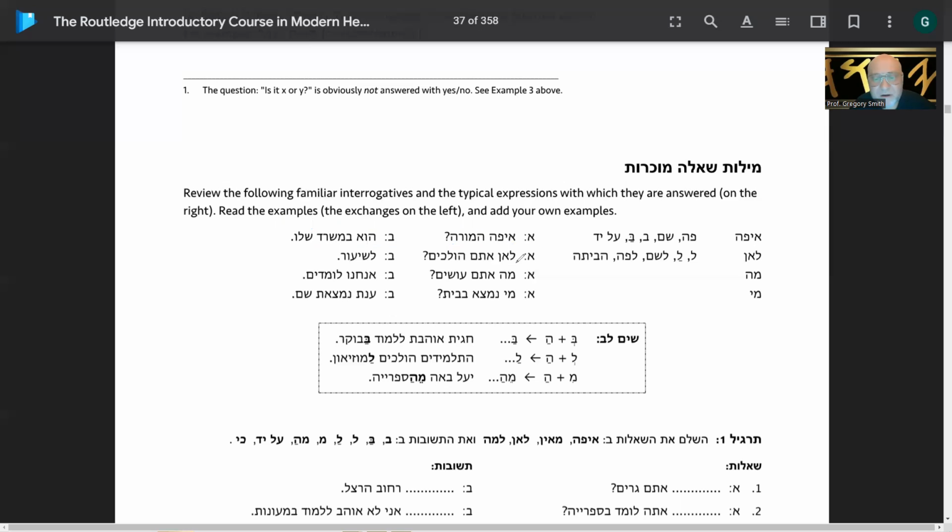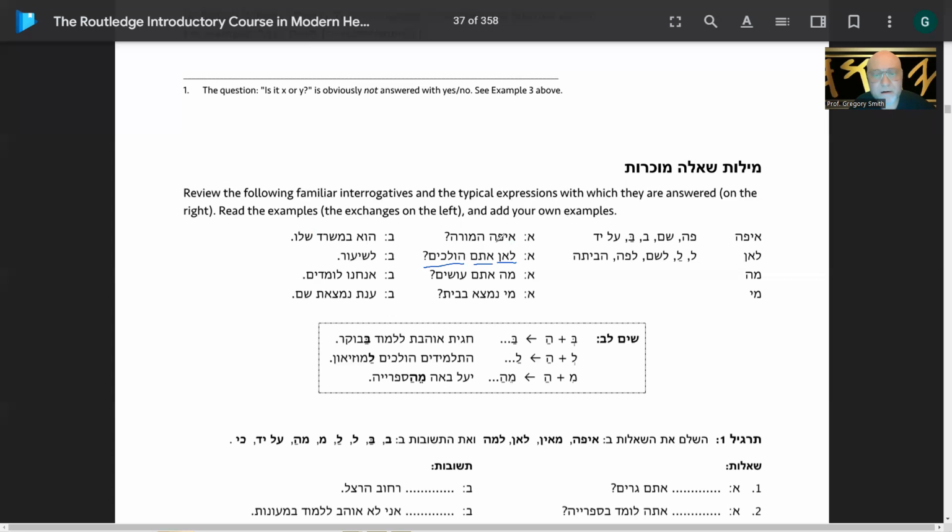Okay, so we have la'an. I'm trying to remember that one. That's one that we worked on earlier. Let's see. Atem, that would be you all. Olechim. And that might be to where. Le'an. Yeah, that's right. לאן.